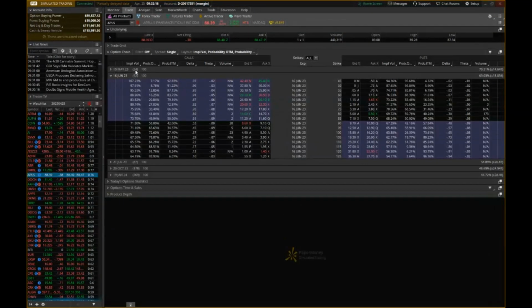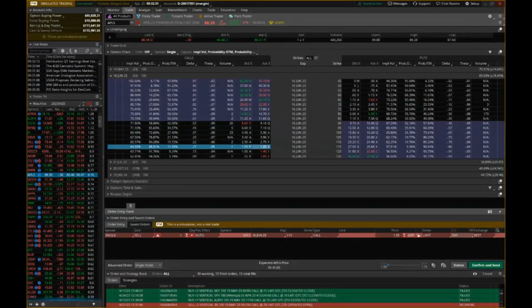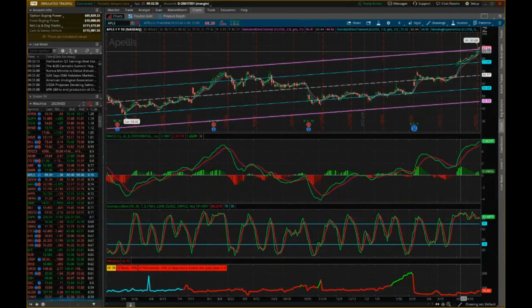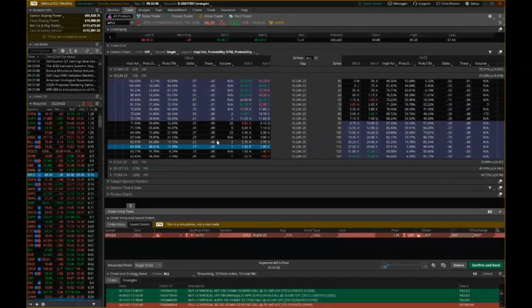Because it's a new position, I'm no longer considering May 19th. I'm now switching over to June 16. So we've got the 17 delta at 115, which is off the chart. I would be comfortable with a 100 strike.